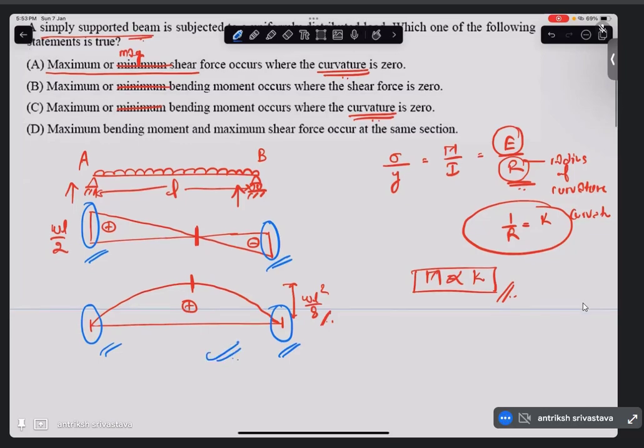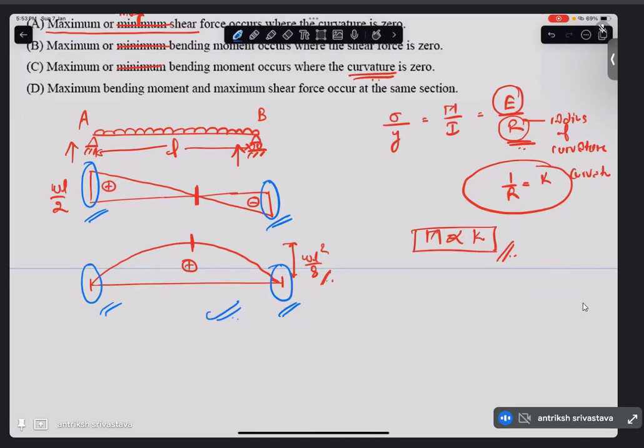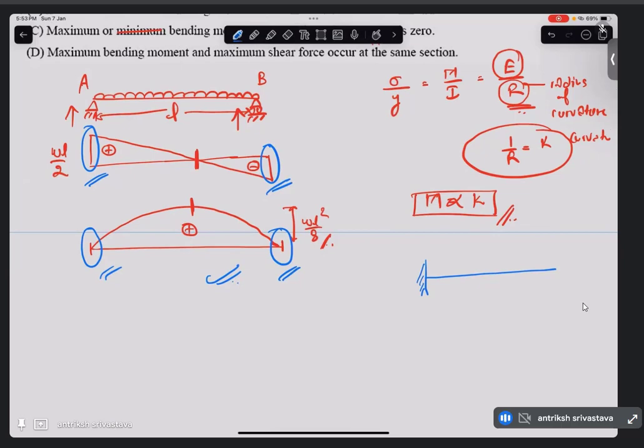But as I said, this question was kept in mind keeping a general beam. So for instance, consider a cantilever beam with a fixed support on one side, and you have some load on this. So the shear force diagram will look like something like this. Let's say you have a point load P at the free end. So this is going to be the shear force diagram, right?